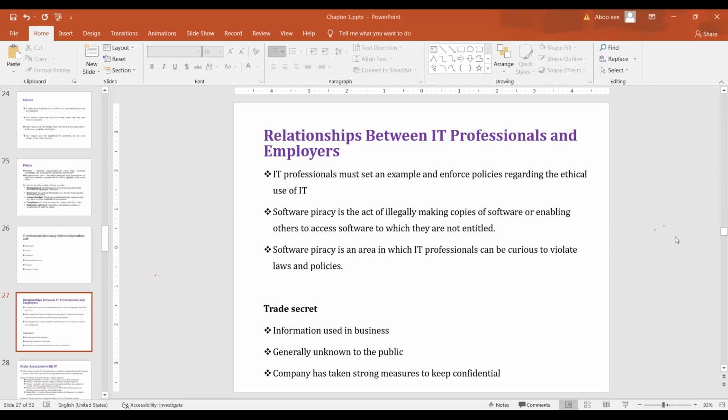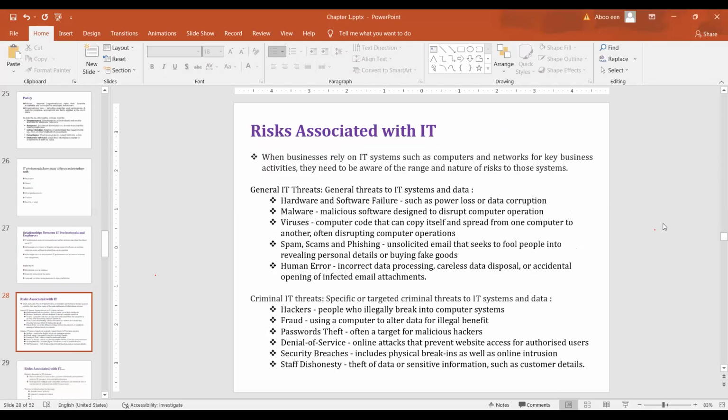Now we are going to discuss the risks associated with IT. What are the risks associated with IT? There are risks with IT investment. When a business relies on IT systems, such as computers, networks, and other IT infrastructure for its business operations, it needs to be aware of the range and nature of the risks those systems may have.